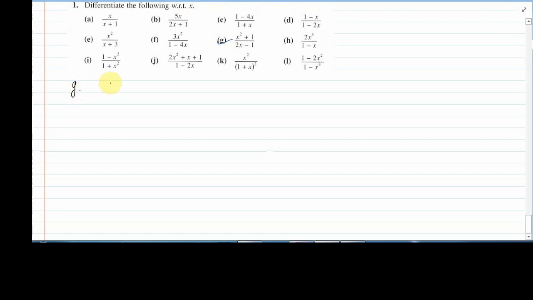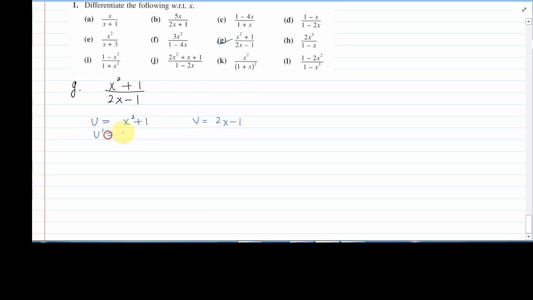It says (x square plus 1) divided by (2x minus 1). Since they are dividing, we need to apply the quotient rule, that is u upon v. Firstly we always pick u in the numerator, so it's x square plus 1, and v in the denominator, that is 2x minus 1.